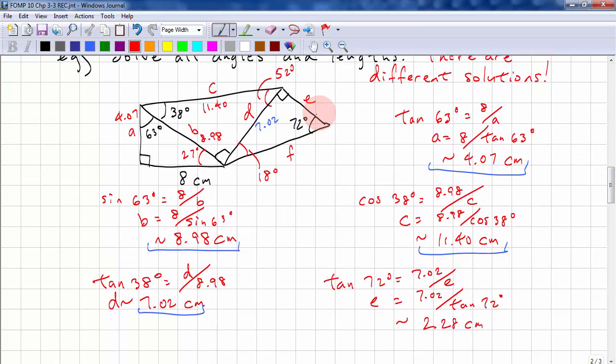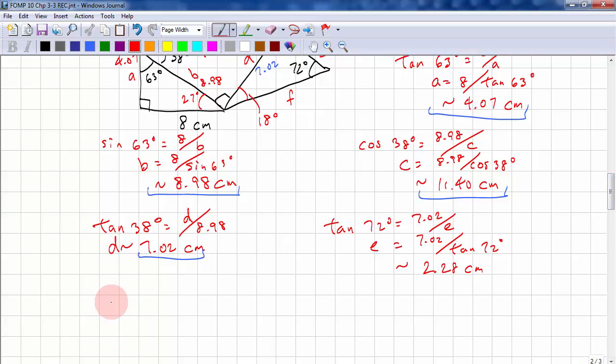Looking at the last one, we have F. Again, we want to use the earliest one, that's 7.02. So we have opposite over hypotenuse, this is sine.